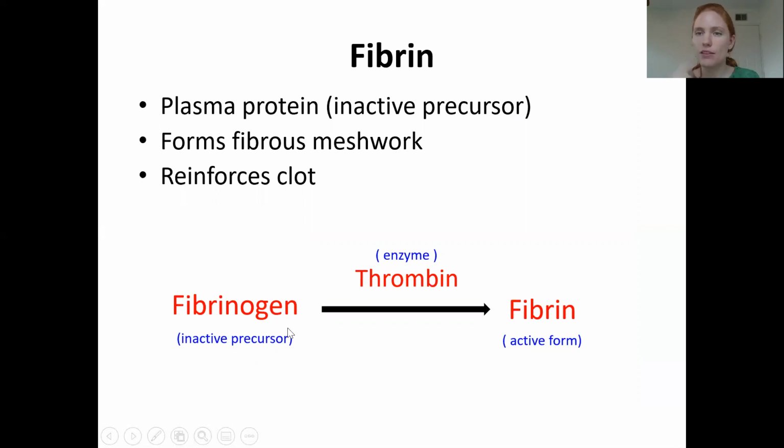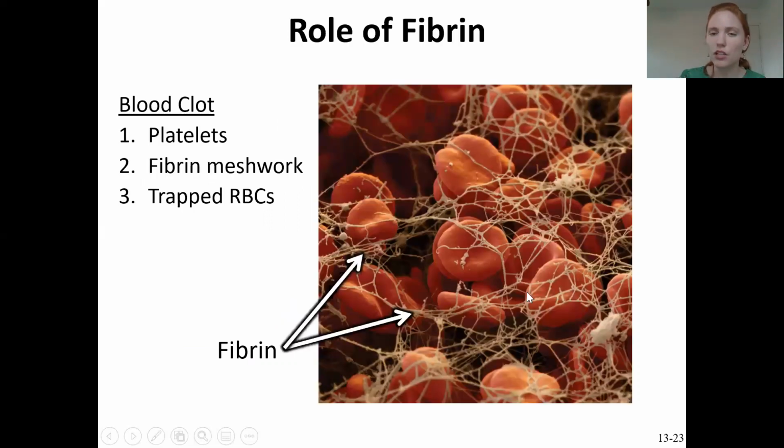And this hopefully rings some bells, because remember you have pepsin, that enzyme pepsin? What was the precursor to pepsin? Pepsinogen, right? So hopefully you can link those in your mind. So we have the active form, fibrin, that's what's going to create those meshworks that will surround the blood clot.